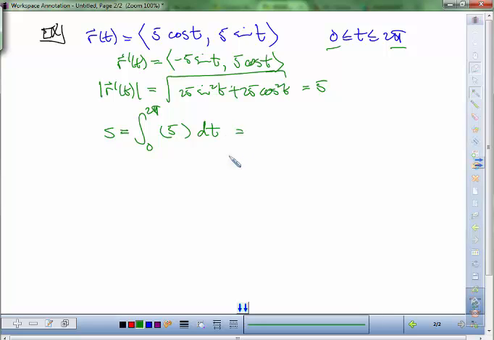And so then this is just 5 times t from 0 to 2 pi, which is going to be 10 pi. And that is the circumference of a circle of radius 5. Okay? Does that make sense?